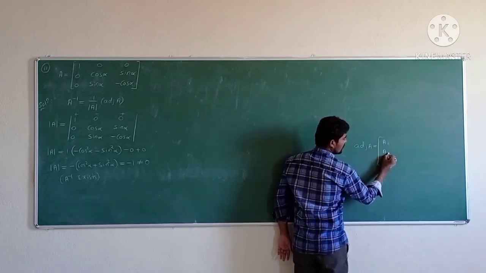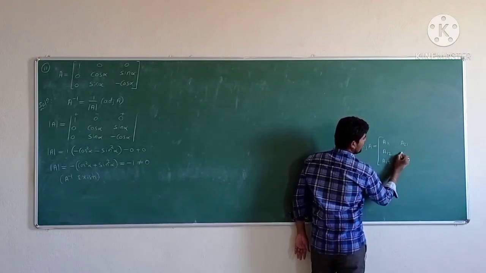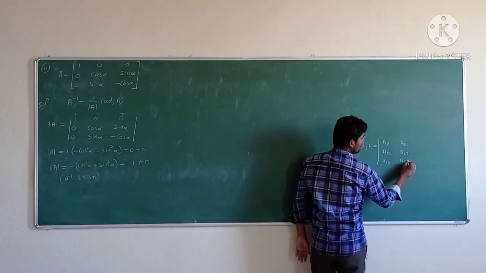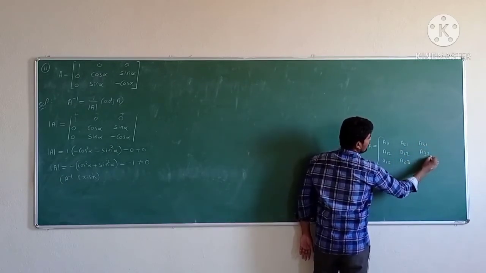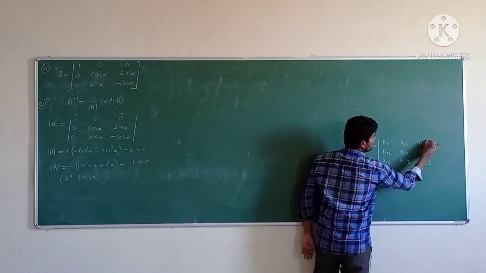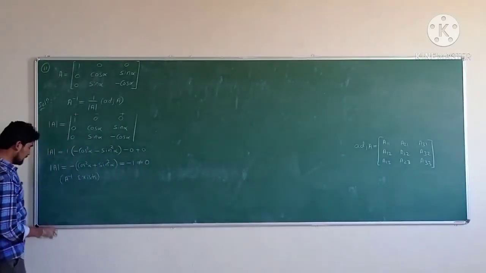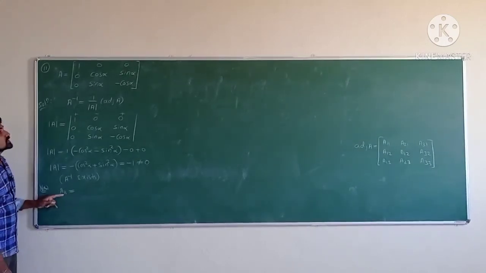A11, A12, A13. Next A21, A22, A23. And next A31, A32 and A33. So for the adjoint of the matrix A, the value of A11 is obtained by deleting the first row, first column.